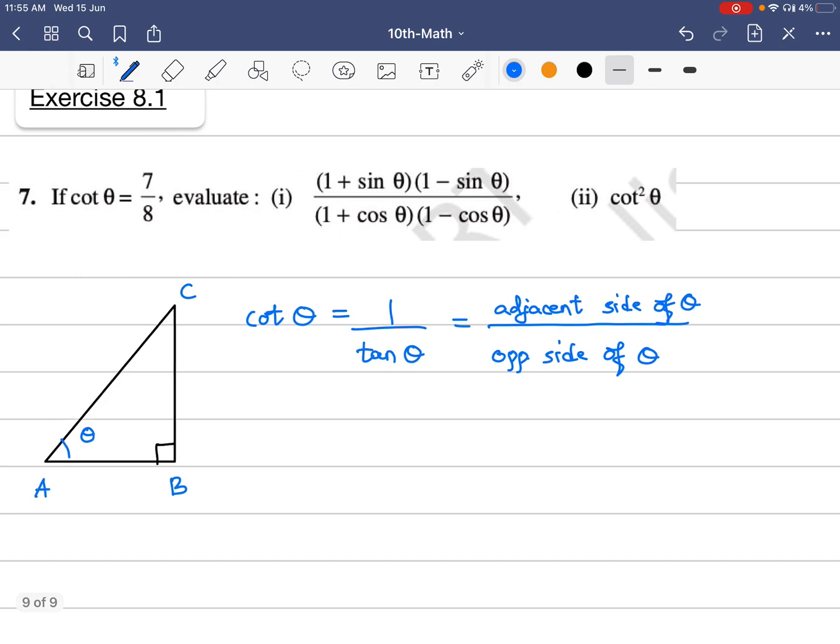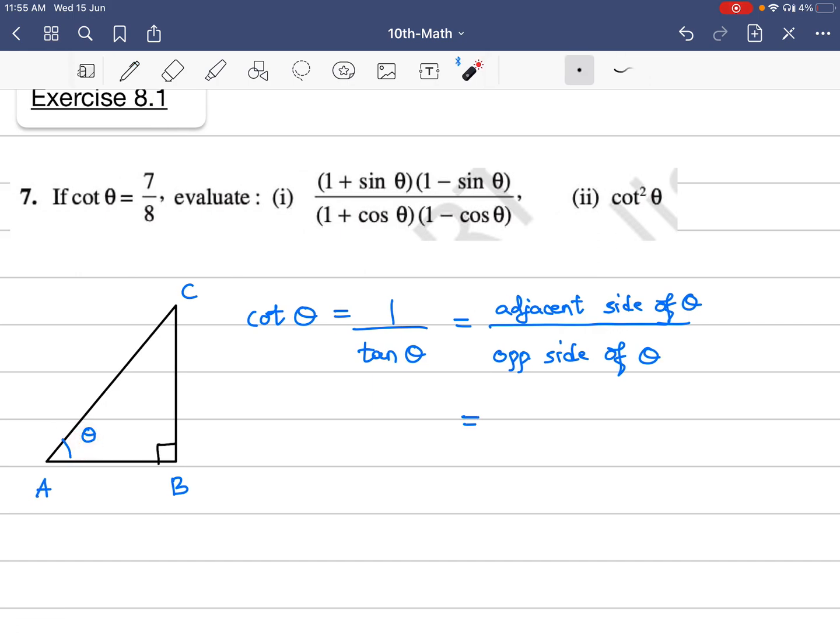Now in this triangle, the adjacent side of theta is AB, divided by the opposite side of theta, which is BC. However, cot of theta is given to be 7 by 8, so this is equal to 7 by 8.